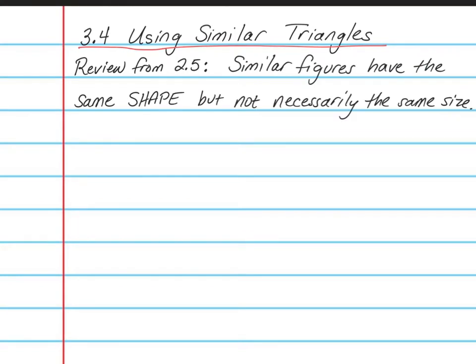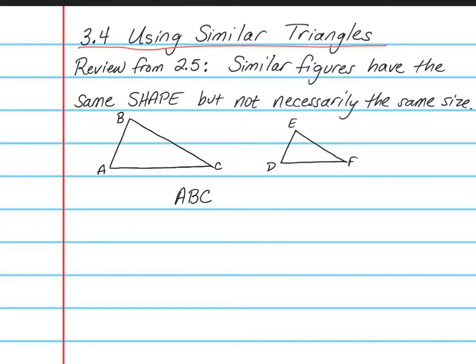So if you remember back in Chapter 2, Section 5, we learned that similar figures have the same shape, but not necessarily the same size. So in these two triangles, if I told you triangle ABC was similar to, remember this symbol here means similar to, triangle DEF, then it means that angle A is equal to angle D, angle B is equal to angle E, and angle C is equal to angle F, because those are the corresponding angles in these two triangles.